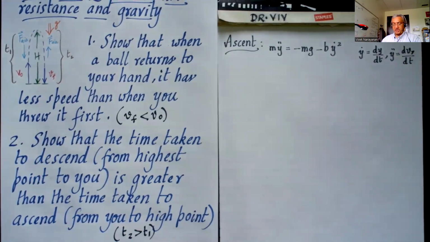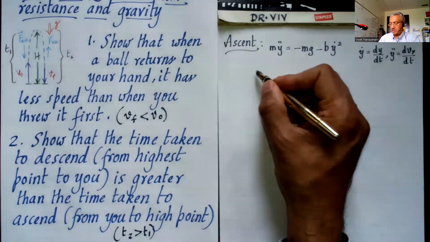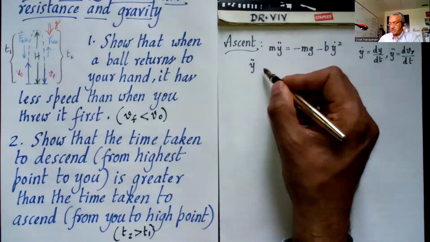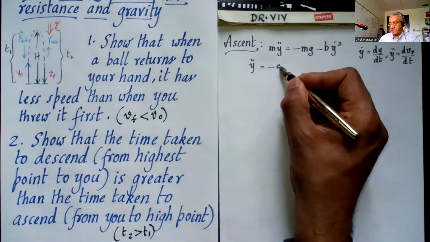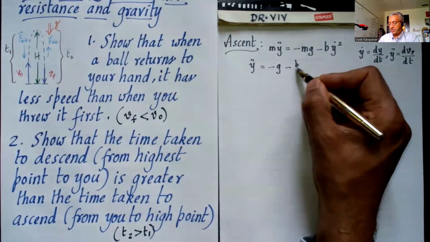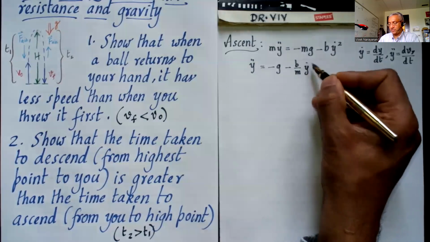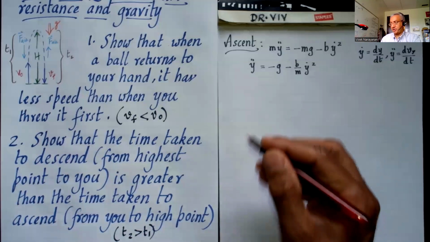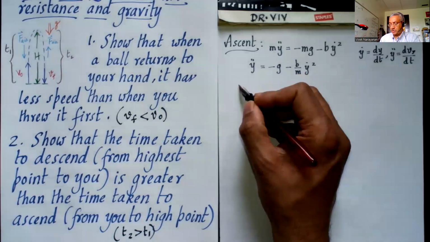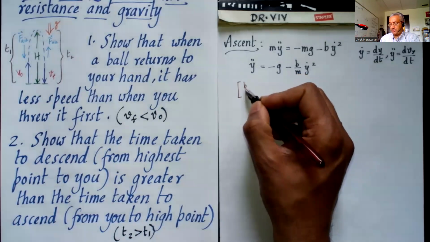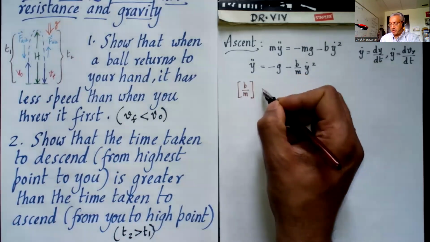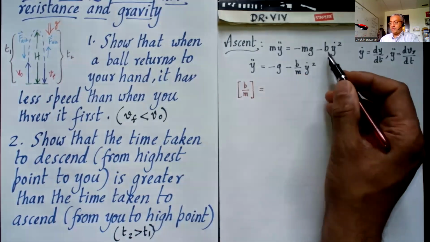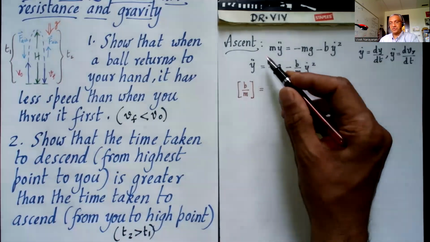Now, in an earlier video, I showed you if I divide both sides by m, I get negative g, negative b over m, y dot squared, and this b over m can be written as a reciprocal wavelength. Let me repeat that argument here. So the units of b over m come from examining this term and that term.